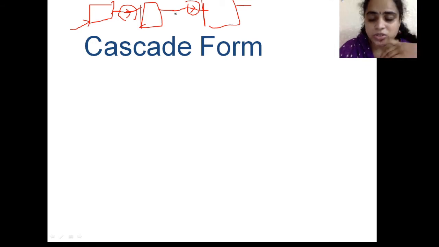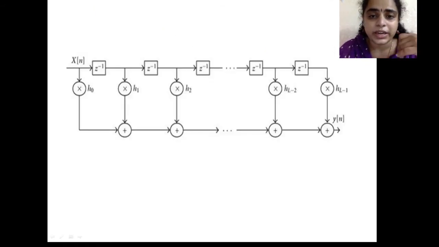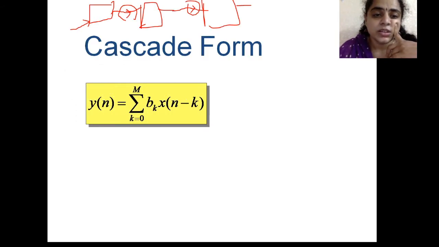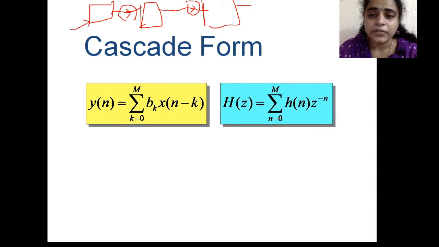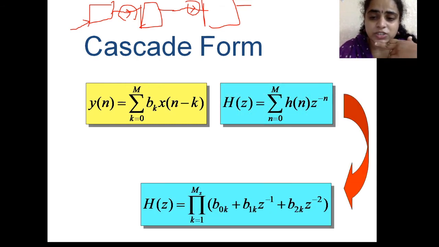So in this also there will be more direct form connections. For each and every stage the direct form connections will get chained or linked together to form a cascade form. So we know this y of n equation, and we have the H of z function.